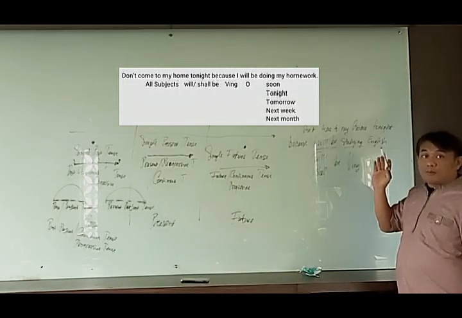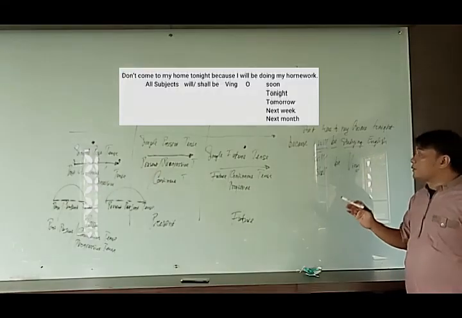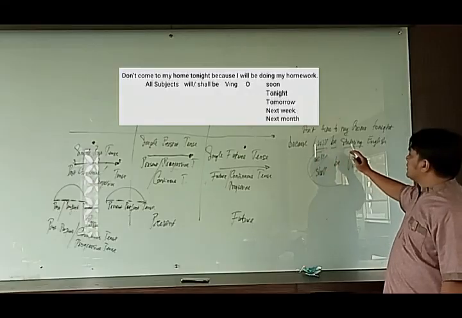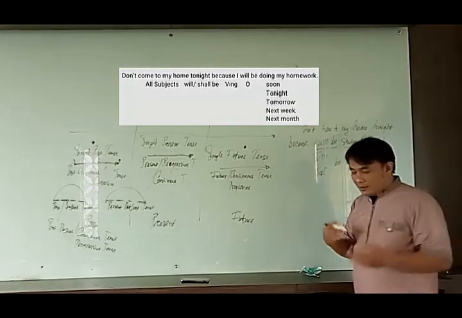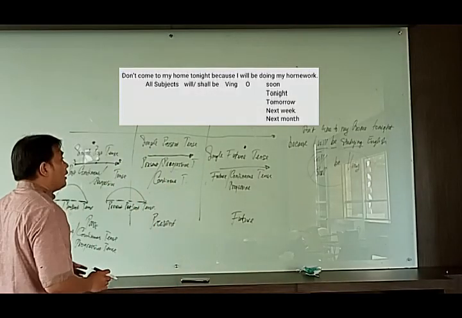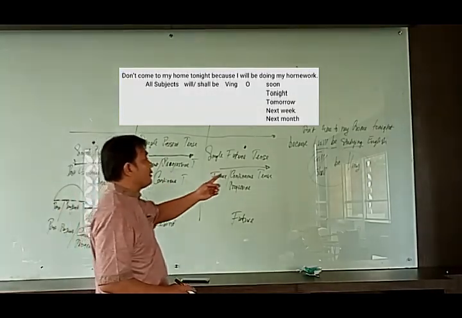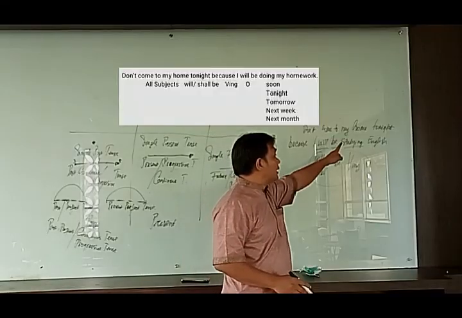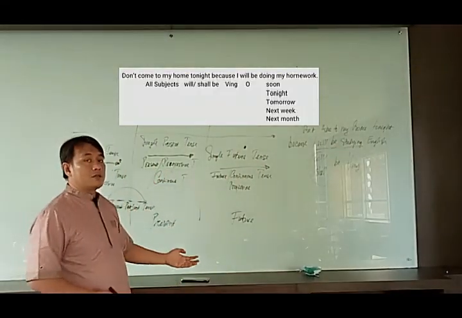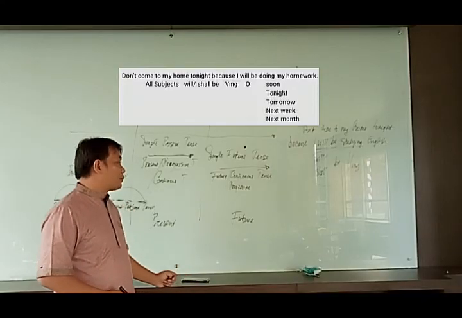Sedang belajar tapi belum terjadi, diperkirakan begitu, ya. So don't come to my home tonight because I will be studying. Karena sudah ada keinginan saudara untuk belajar, atau sudah kebiasaan saudara belajar di malam hari dan memerintahkan teman untuk tidak datang di malam hari. Nah, mungkin besoknya saudara akan datang.